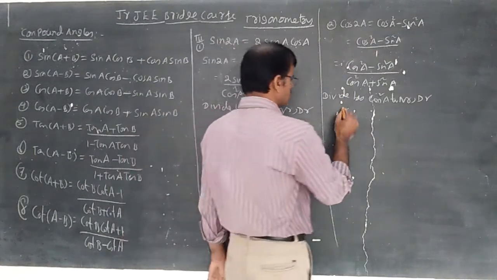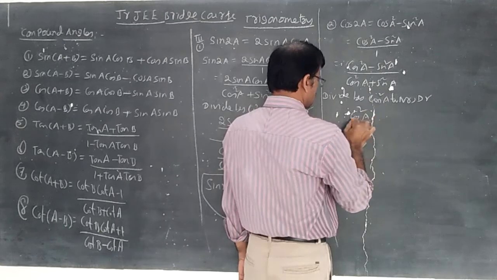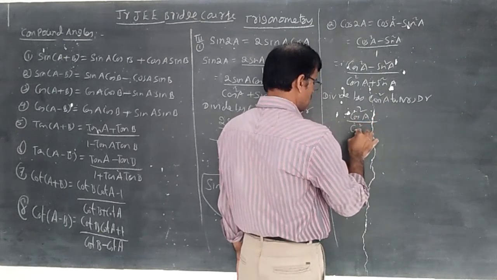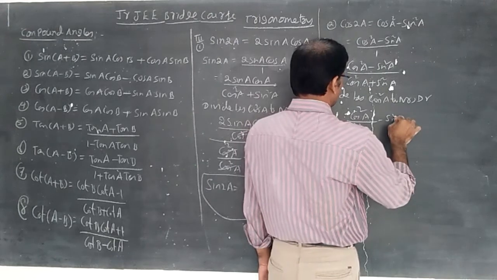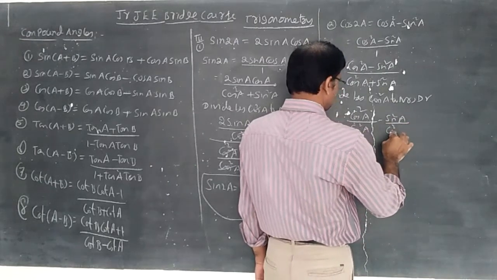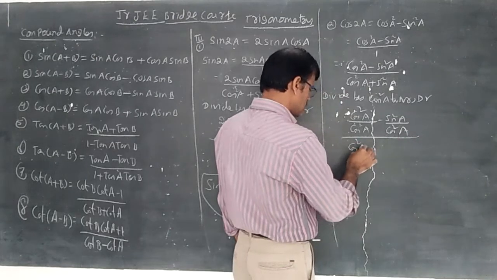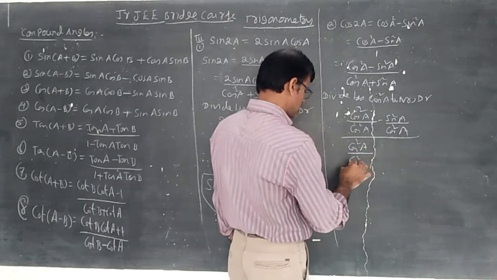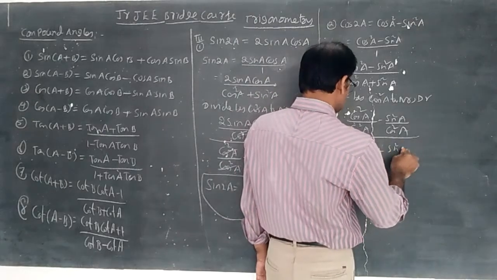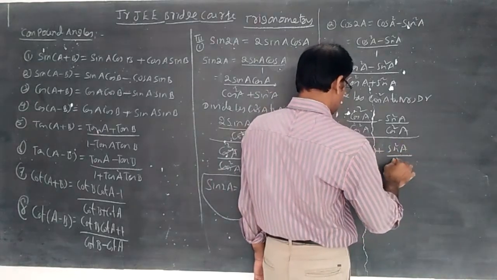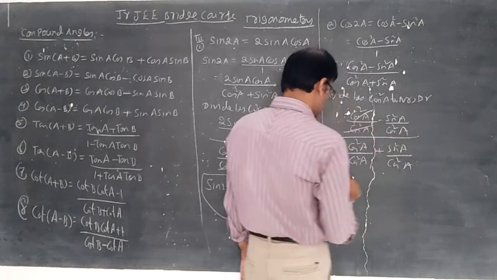So for everything I am writing cos square A. You can write cos square A by cos square A minus sin square A by cos square A, by cos square A by cos square A plus sin square A by cos square A. Cos square A gets cancelled.